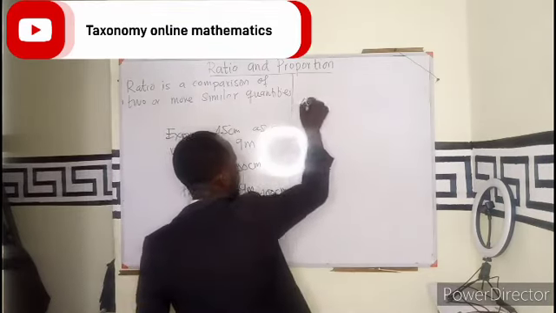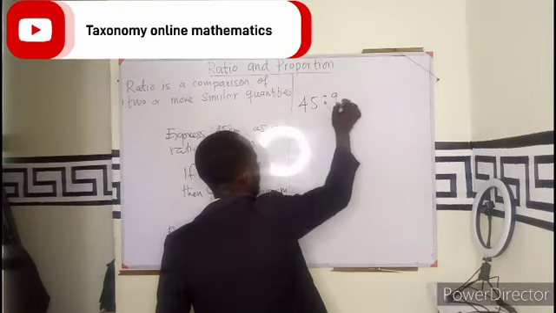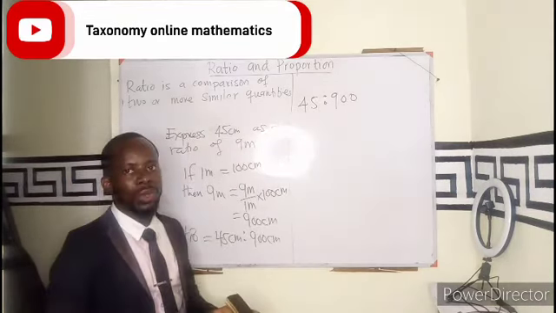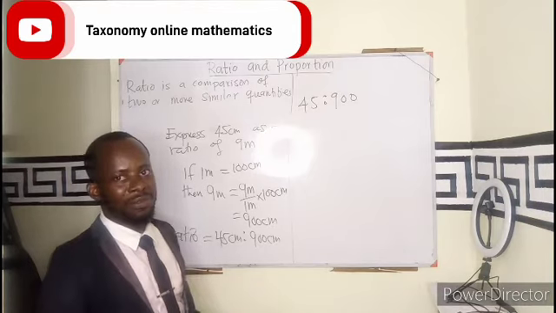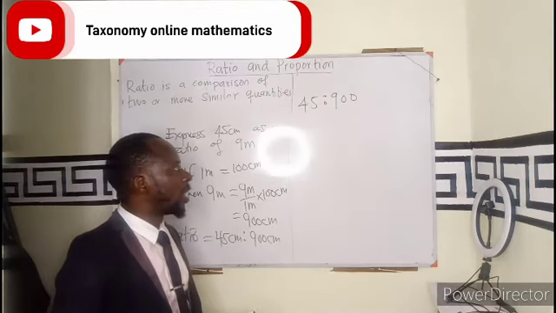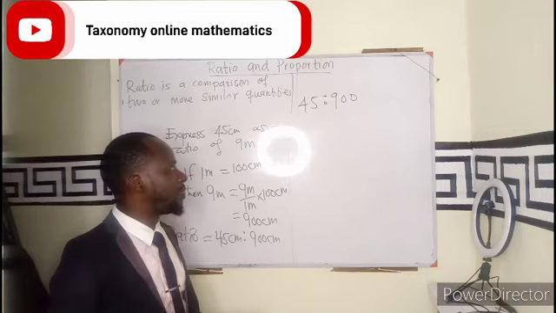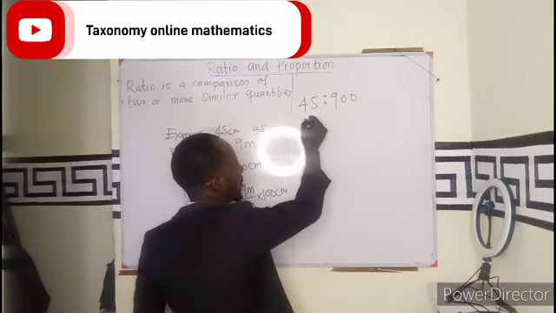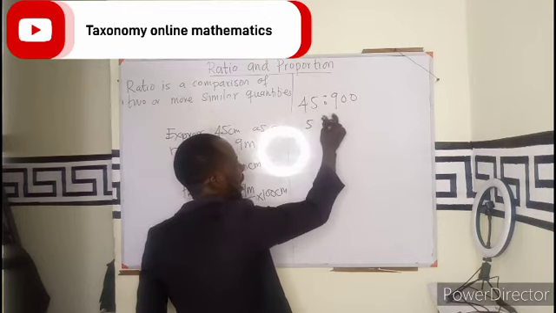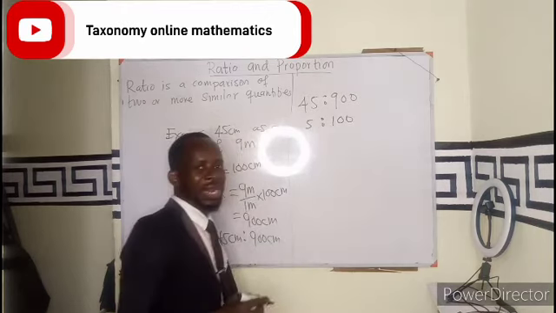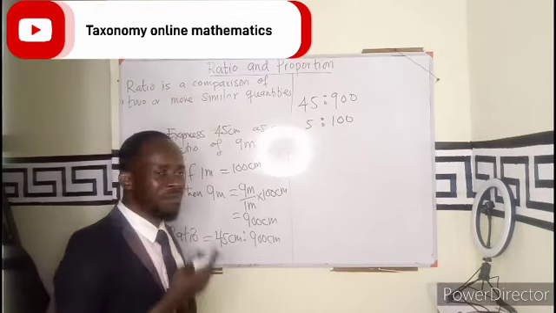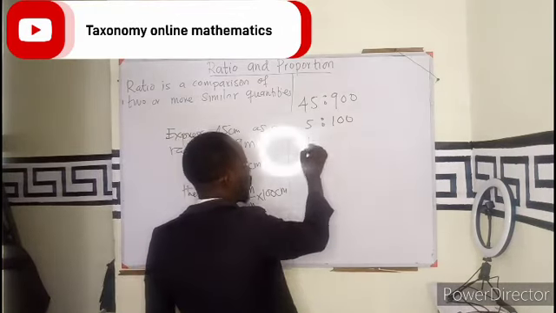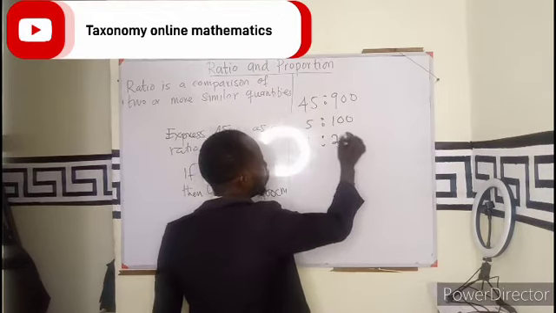So I have 45 is to 900 as a ratio, which can be simplified further to its lowest term. And I believe a factor of 9 can go. So 9 into this, we have 5. 9 here, we have 100. And I believe 5 is a common factor of 100. So that will also give us 1 is to 20.